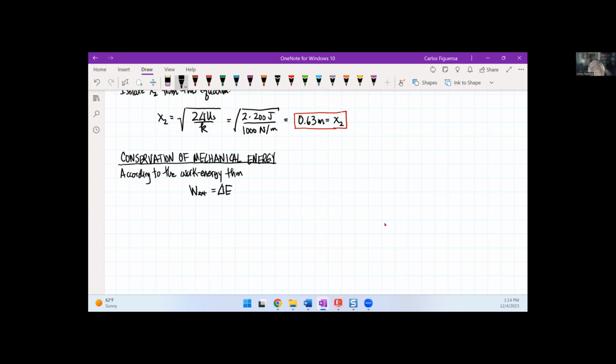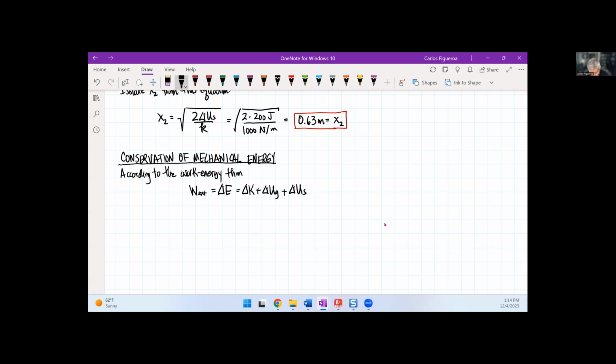So what do I mean by that? That means this could be the change in kinetic energy, the change in gravitational potential energy, and also the change in the spring potential energy. This is one way of looking at this thing.